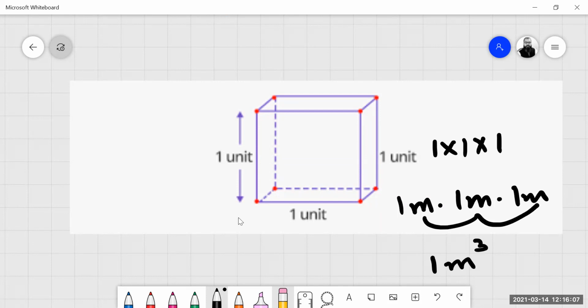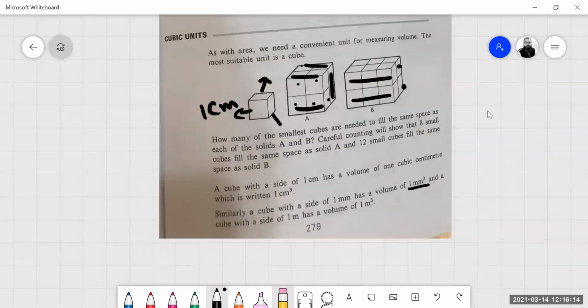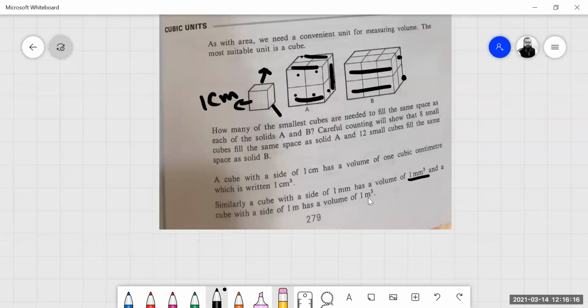So that's why the volume unit is cubed, because there are 3 values: length, width or breadth, and height.